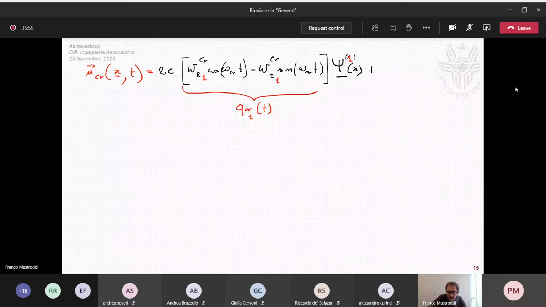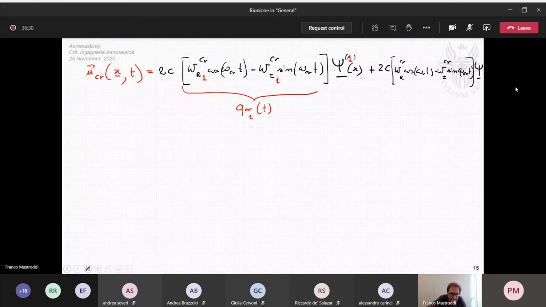Next, we have the second mode contribution, so we have 2c, and here we have W critical real part cosine omega critical T, minus W critical imaginary part sine omega critical T, multiplied by psi 2.